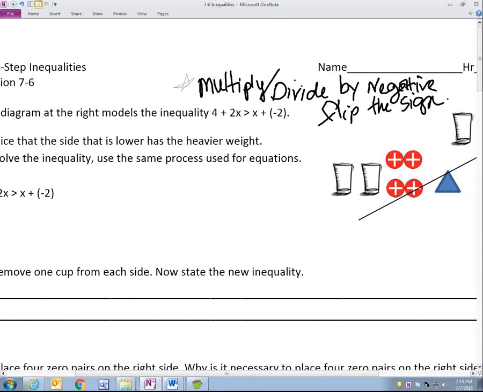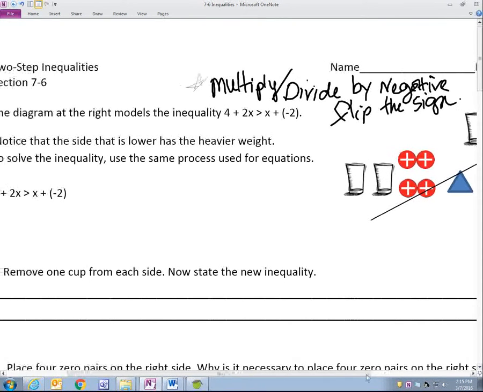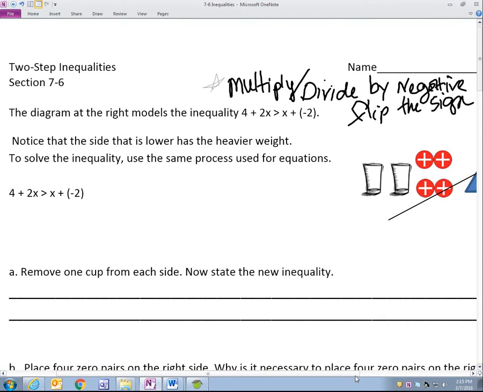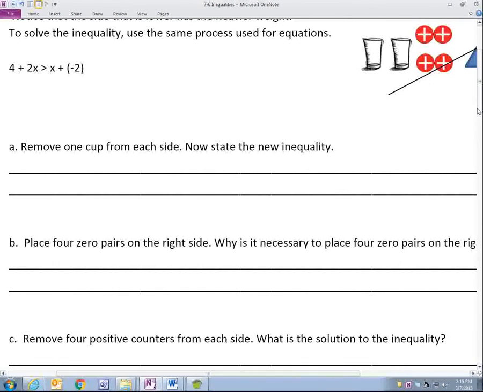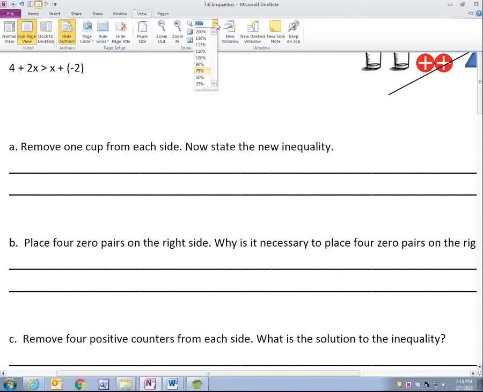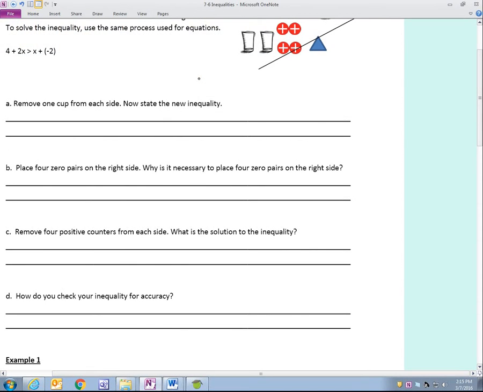So that means that when we're doing the inverse operations for a negative, if we had to multiply or divide with that negative, we flip the sign. So to solve the inequality, we use the same process as we did with equations. Now we're going to break it down. When you multiply or divide by a negative, listen to the words. I'm saying what you're writing down. When you multiply or divide by a negative, you flip the sign.